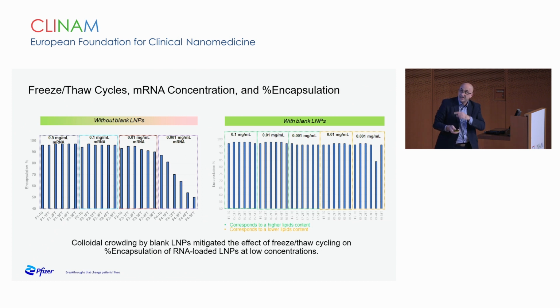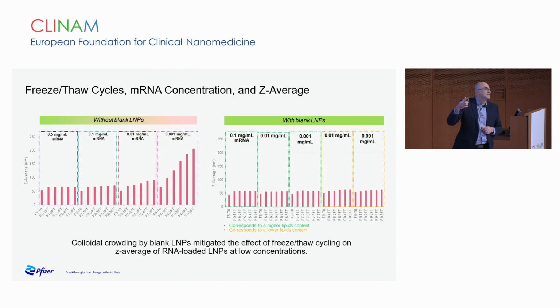Next is the same thing, freeze-thaw, same scheme, except that now we are looking at the Z-average. And again, the story is reversed. As you dilute the material, you go higher on the Z-average.